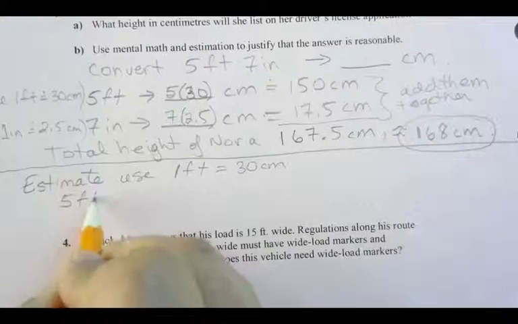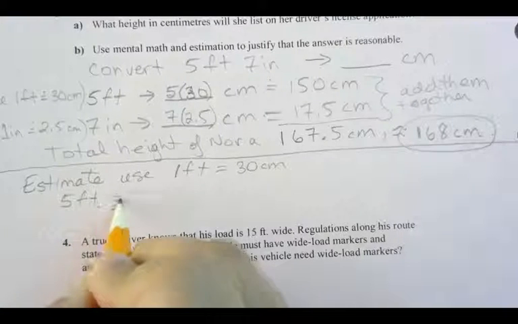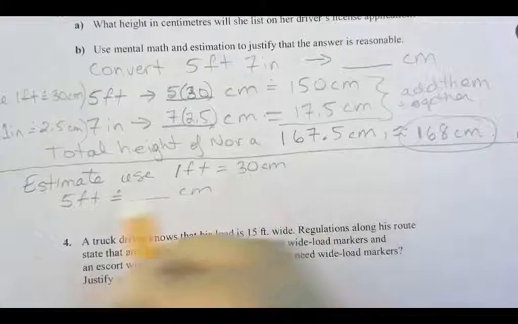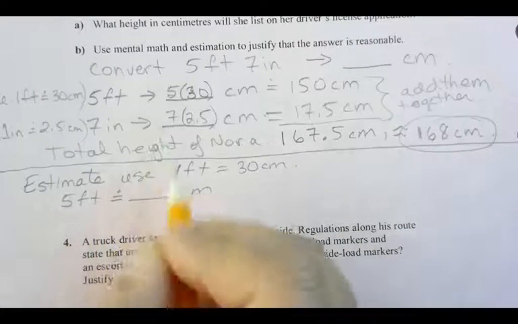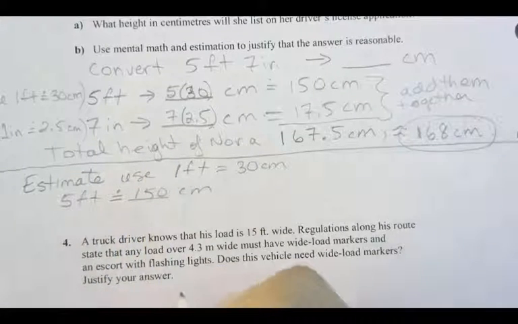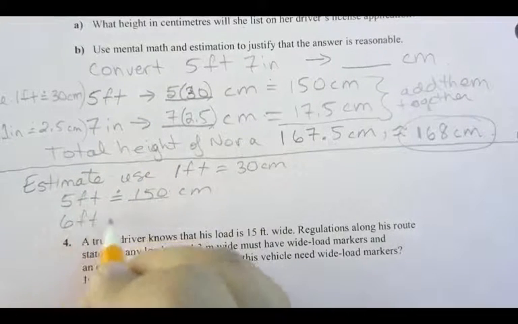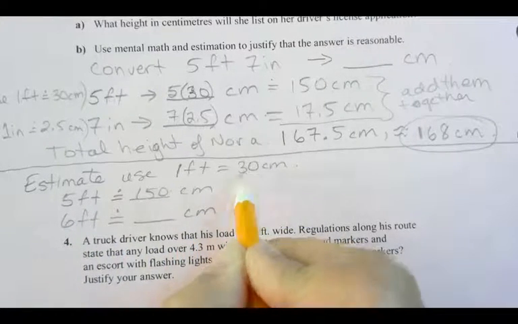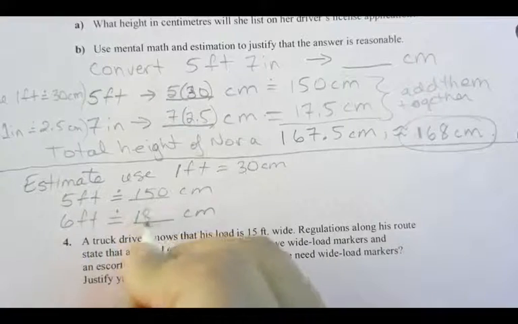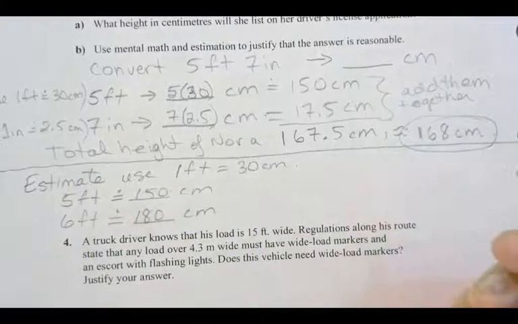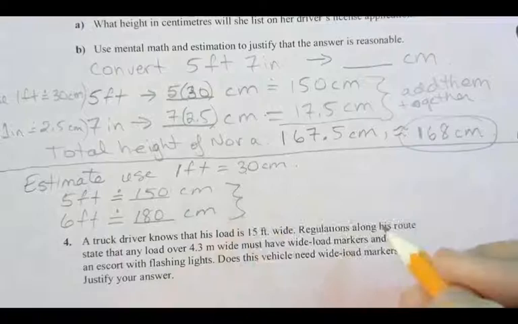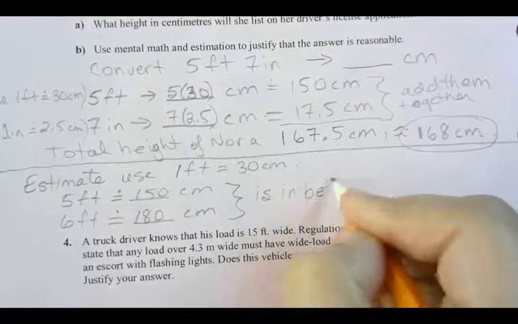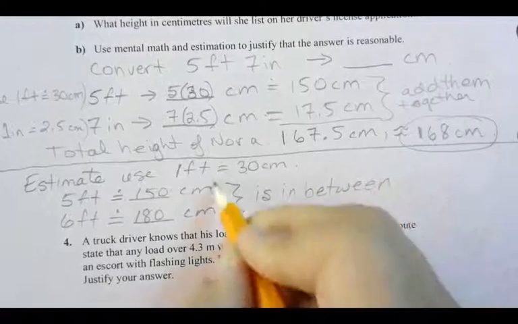So how much is 5 feet in centimeters? It's 30 times 5, which is 150 centimeters. And what about 6 feet? How many centimeters is that if I use this? That's 30 times 6, which is 180 centimeters. Now, the number that we got is in between these two, right?